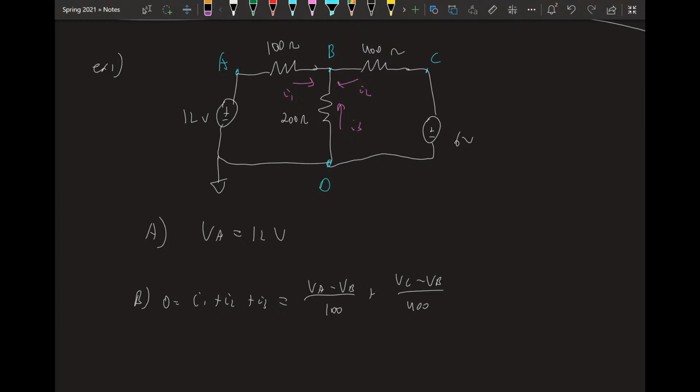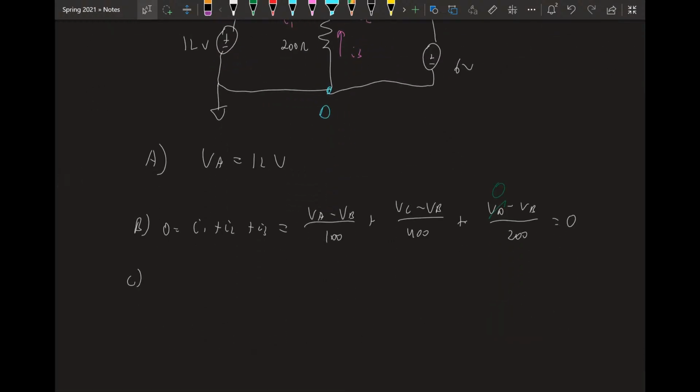And I3 is going to equal VD minus VB over 200. Remember that VD is ground, so this is a 0. And this equals 0. And for node C, that's what we did.